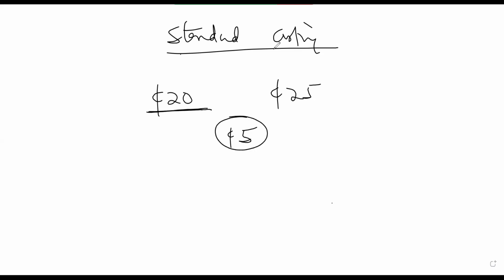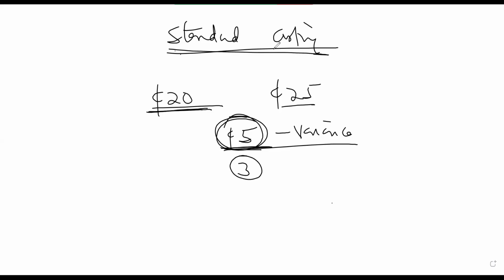5 cedi, yes. So this particular 5 is what we call the variance. The 5 is just the difference between the actual and the standard. That is the variance. But when you try to find out why the person has spent 5 Ghana cedis in excess, and you make sure that next time the excess amount will reduce to 3 cedi, what you are doing is what we call standard costing.